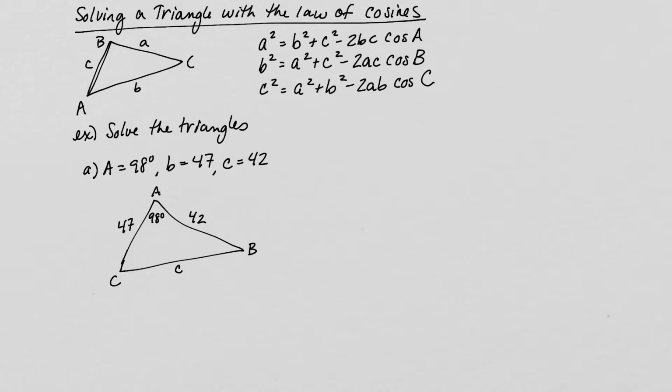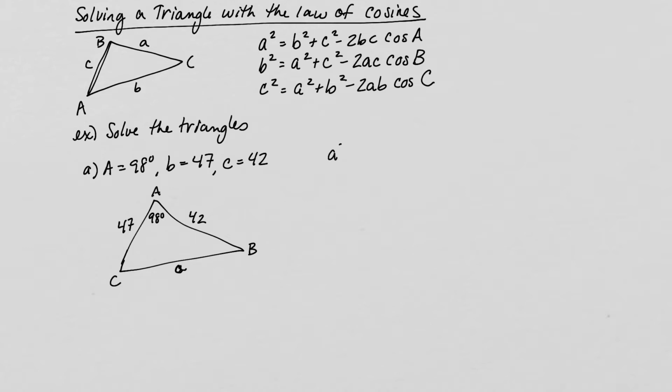So I happen to know angle A at this point. Oops, this isn't little c, this is little a, right? Because it's across from big A. So since I know angle A, I can use that to help me find side a.